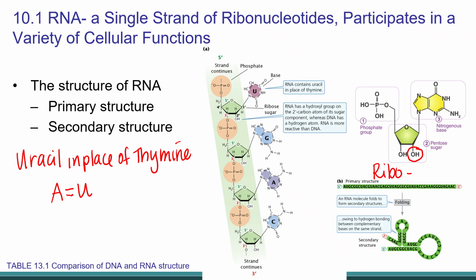Uracil is a pyrimidine, which means it has a single nitrogenous ring. So we've got uracil in place of thymine. We've got ribose instead of deoxyribose. And generally, the overall structure of RNA is going to be single-stranded, but in many cases, it will be folded. Not all, but many cases it will be folded.